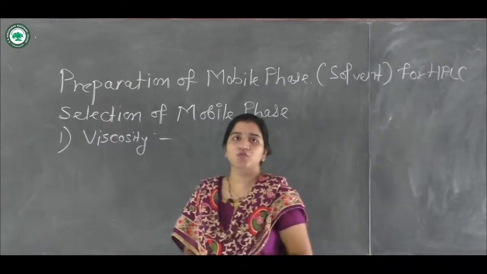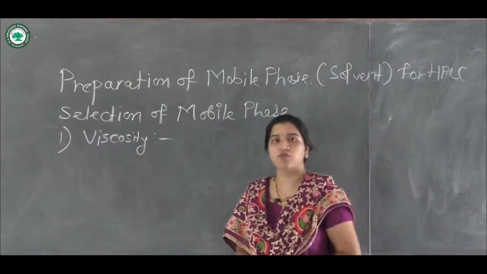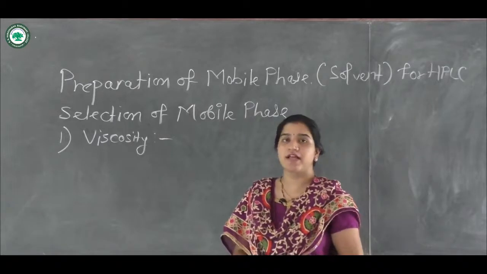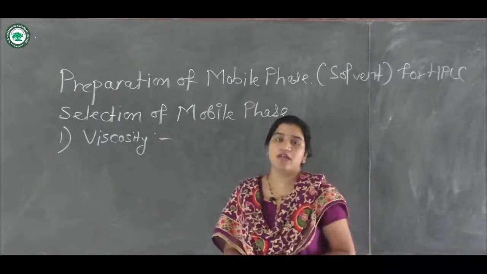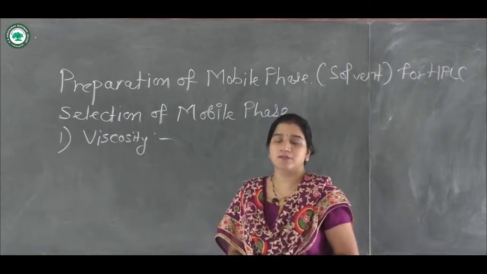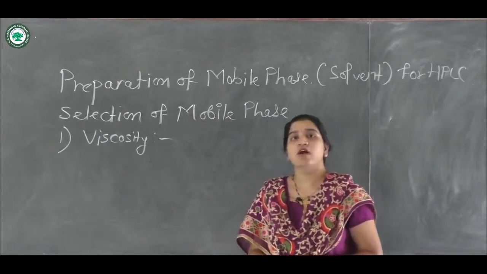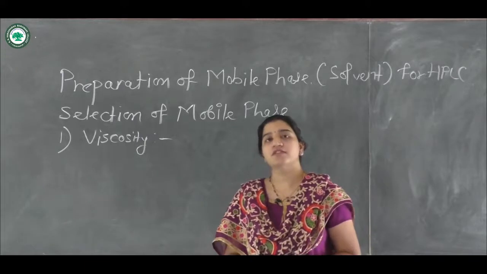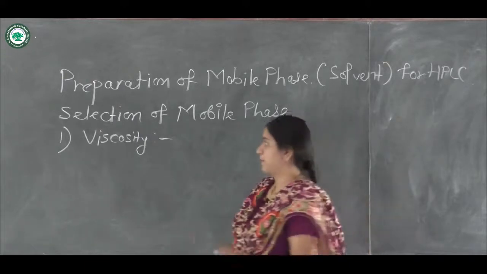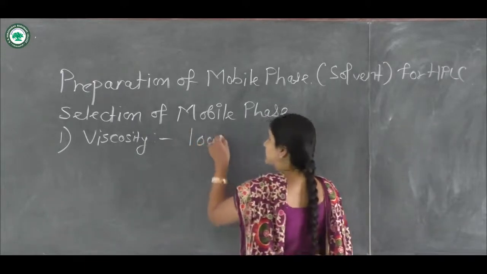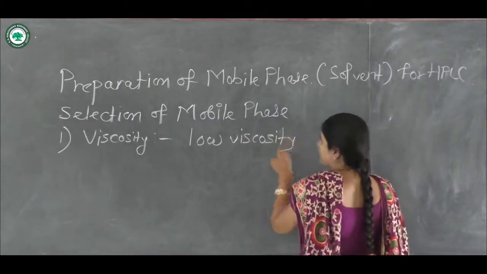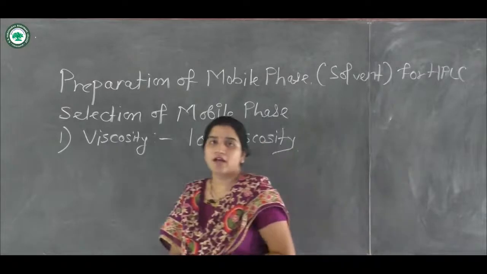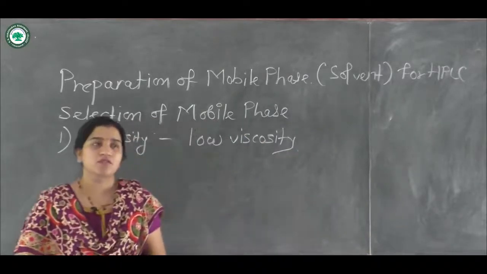As all of you know, liquids are of two types, highly viscous liquid and less viscous liquid. So in order to use a solvent as a mobile phase in HPLC, what is necessary? You have to select the solvent which has low viscosity. Why do we have to use the low viscosity solvent?